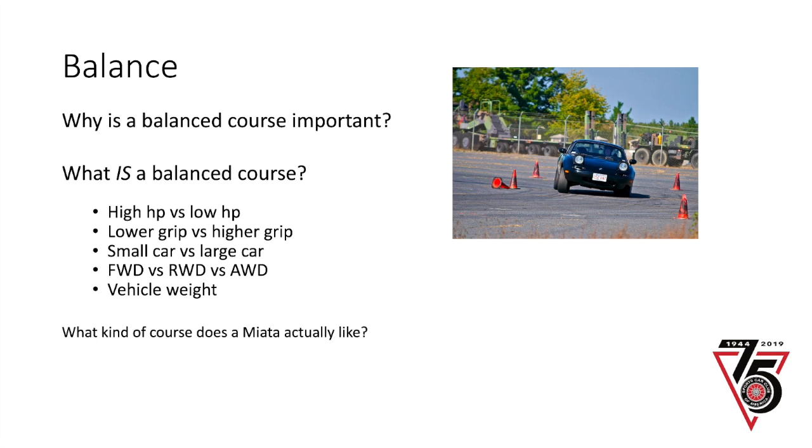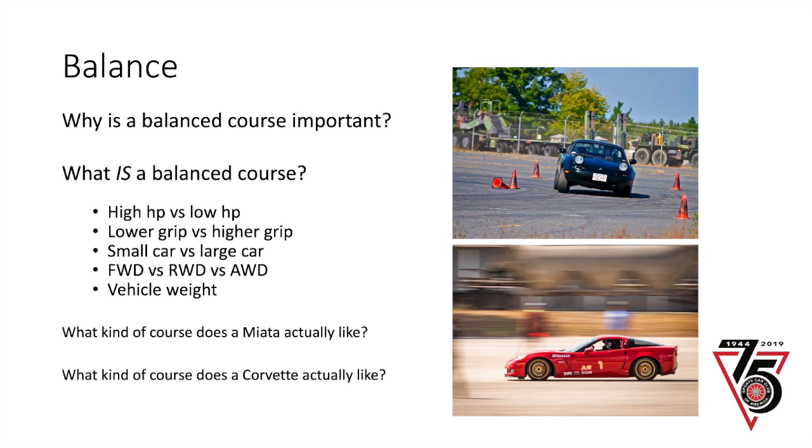And while a Miata generally does pretty well on almost any course, when you consider the strengths of that type of car, where it actually thrives is on courses that have a higher average speed, where there's very little slowing down and a greater emphasis on speed maintenance. That is, a high-speed flowing course with few or no low-speed corners which it would struggle to accelerate out of.